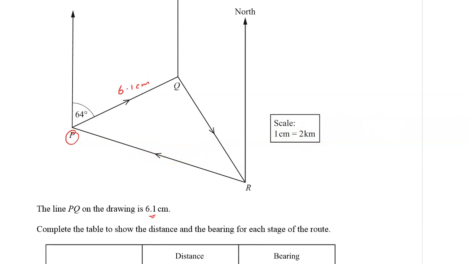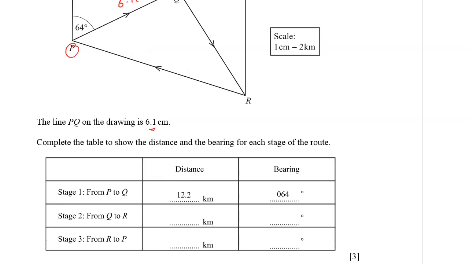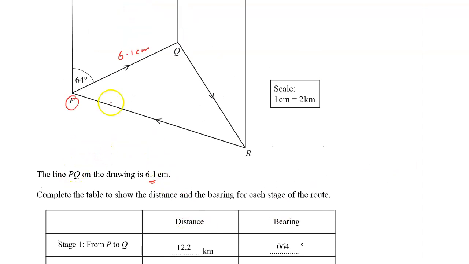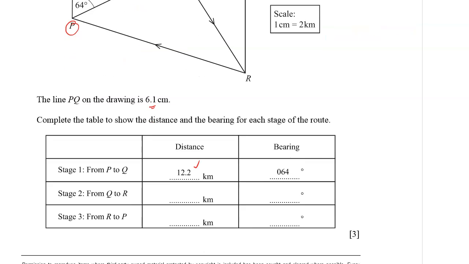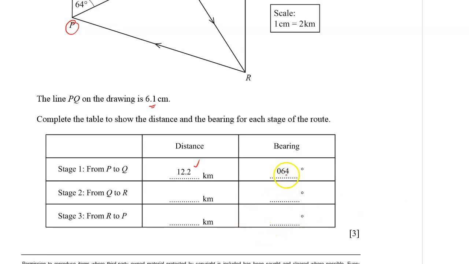So from P to Q, you take 6.1 times 2 kilometers. This will give us 12.2 kilometers. That is what we are given here. And the bearing is 64, as you can see. It's given right there, 64 degrees.